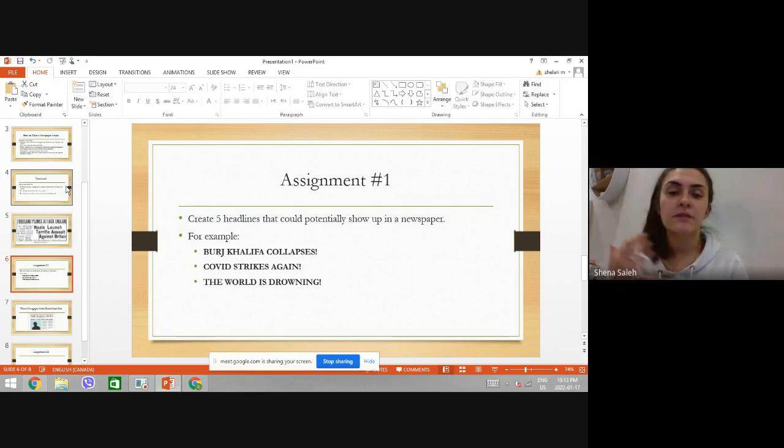In my personal opinion, "Burj Khalifa collapses" has more of an effect than "Burj Khalifa has been going down and it's collapsed and a lot of things have happened." Do you think that kind of title is more attention-grabbing, or is "BURJ KHALIFA COLLAPSES!" in all caps with an exclamation point?